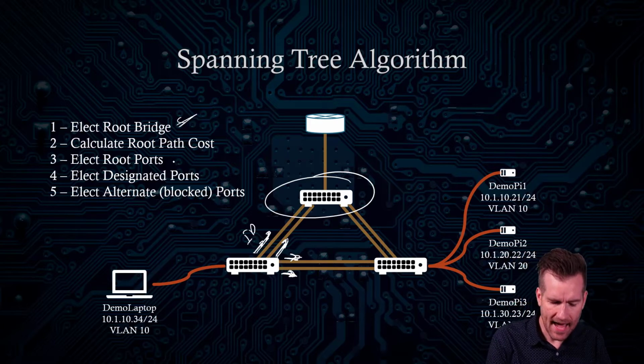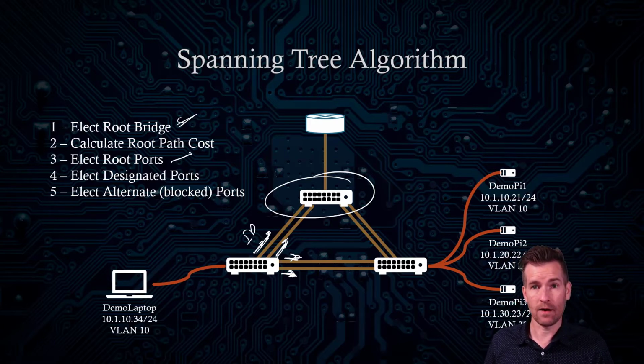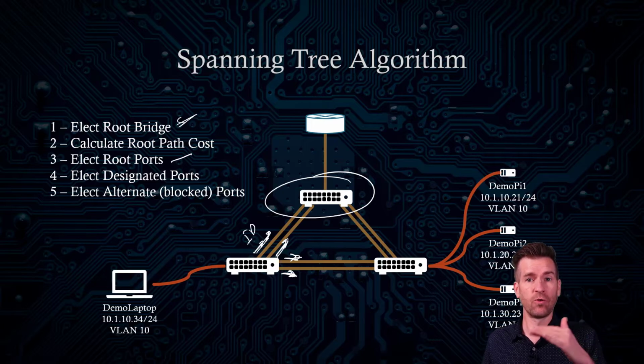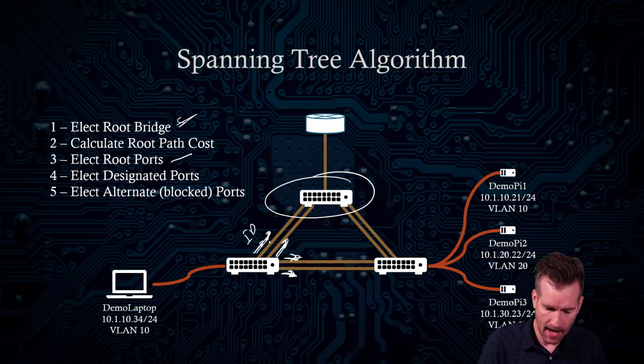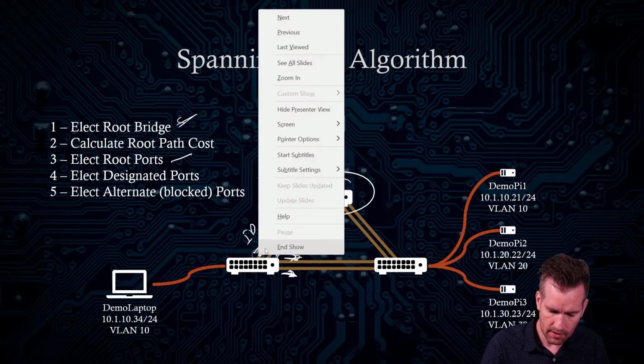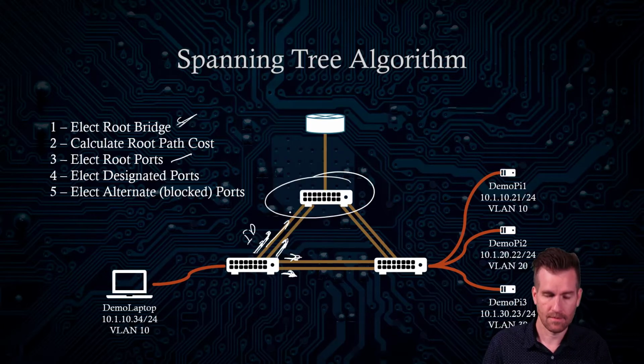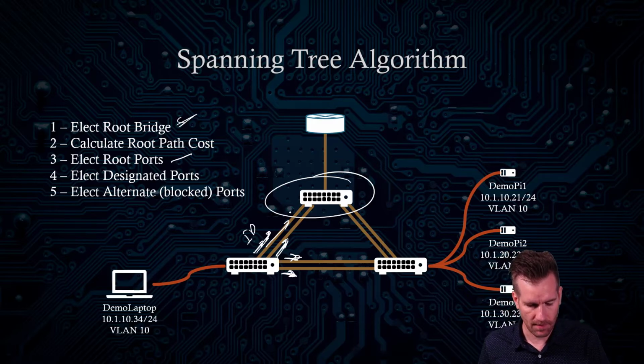Once it does that, it will elect a root port. Out of those 4 links, it will choose one of them to say that is the link that I'm going to use to get to the root bridge, so I'll send it out in that direction. So it'll elect a root port.